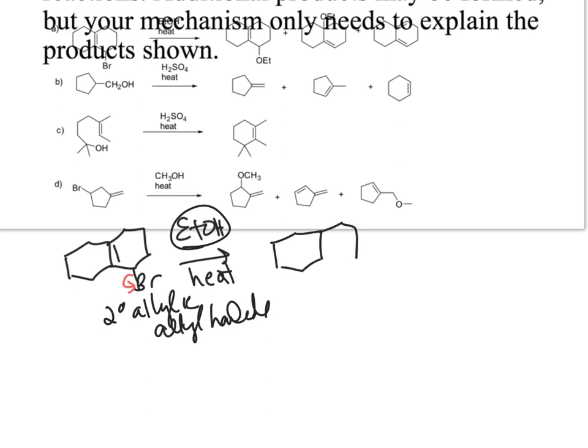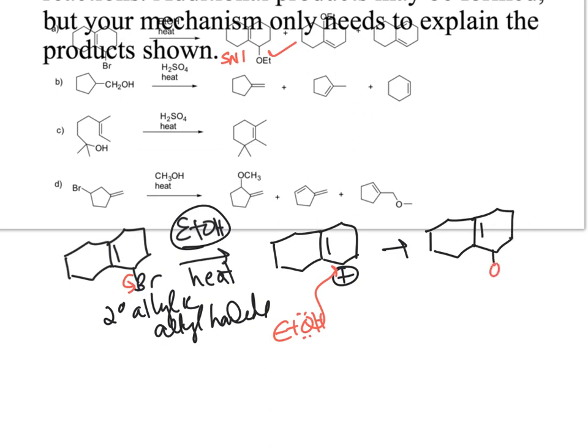So let's go ahead and get our carbocation. And you can see if you have ethanol come in, then you get this, which is an SN1 product. Okay, and it has the hydrogen there, and another ethanol molecule will actually deprotonate that to give you your product.